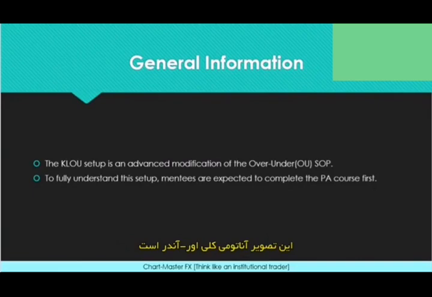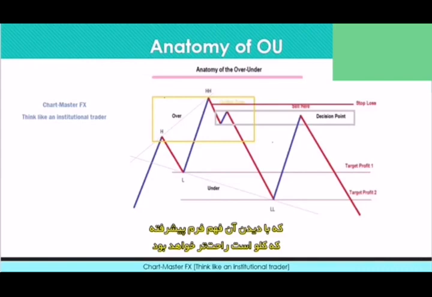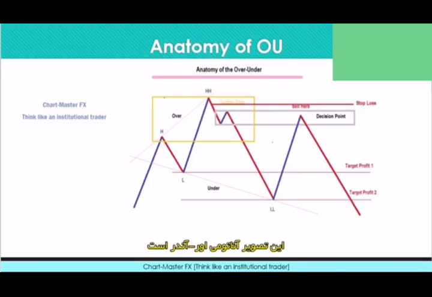So generally we are going to look at the anatomy of the over under, so that it will be easier for you to understand the much advanced version of it, which is the key level over under. So guys, you can see here, this is the anatomy of the over under. We had a rally here, and once we had a rally, we see a drop in price. Then it created a low, then the price went up and created a new higher high.